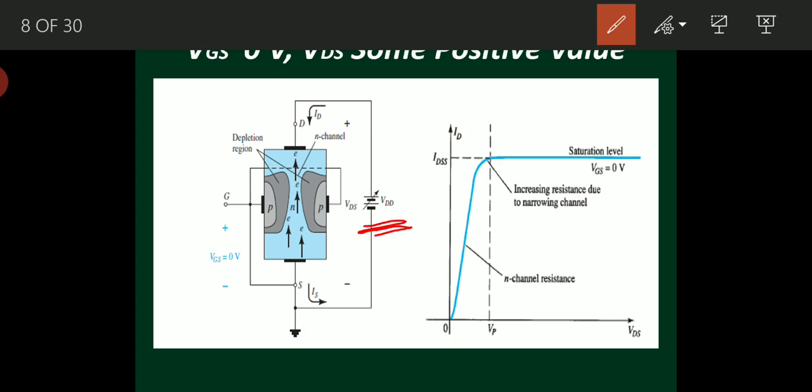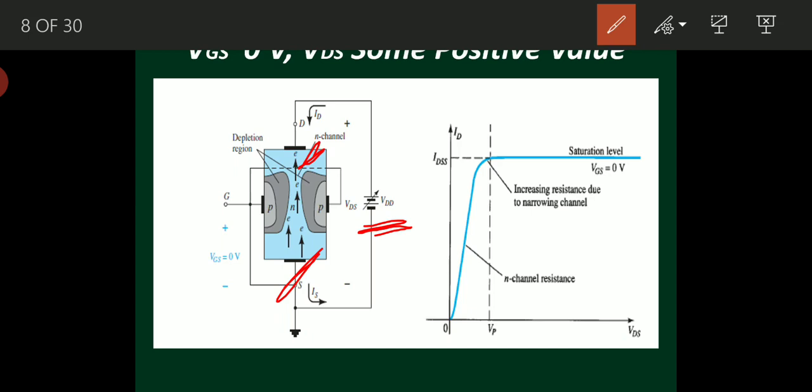VDS is negative here, so this negative terminal of the voltage source is connected to the n-type source. So it will become forward biased, and the drain terminal is also n-type semiconductor only. So here also electrons are majority charge carriers, and electrons from the source terminal will move towards the drain terminal.